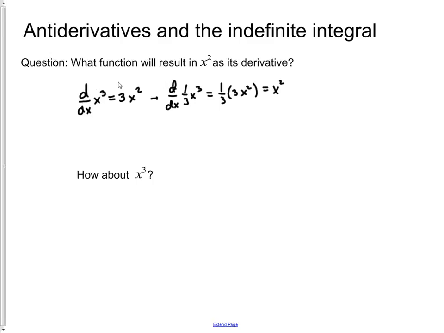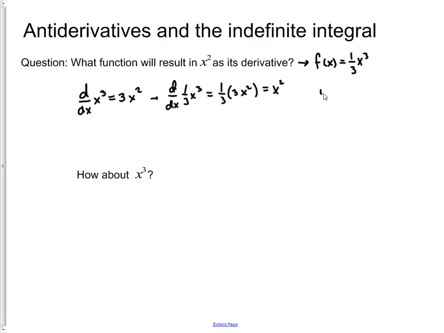So we would say the function that would have to result right here would be one like this: F of x would have to be equal to 1/3 times x cubed. Now, that could be a function, but there might be more.